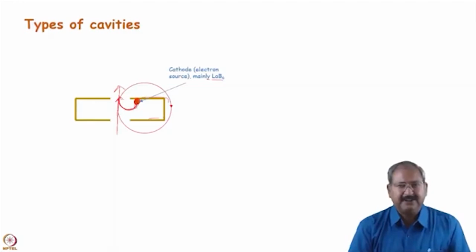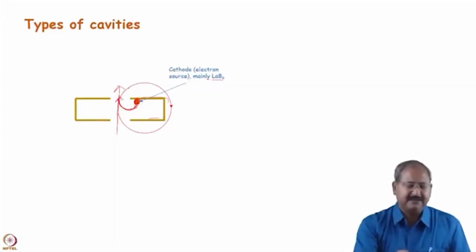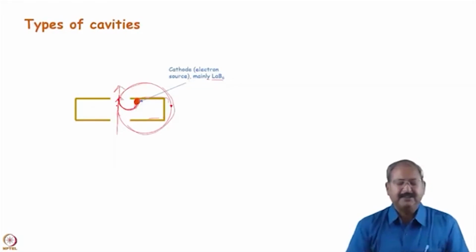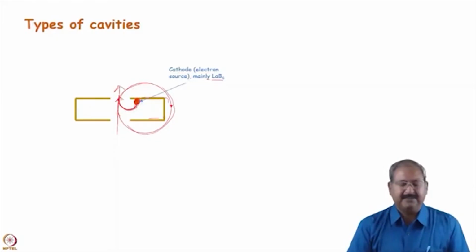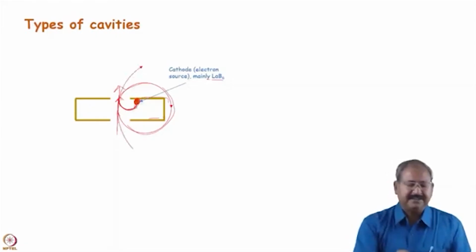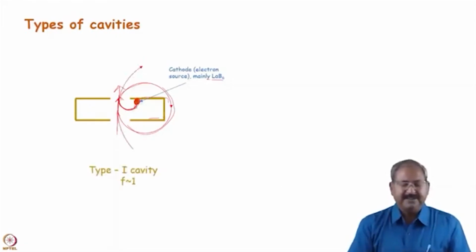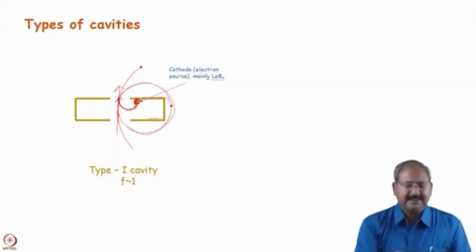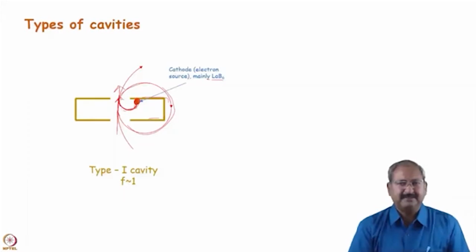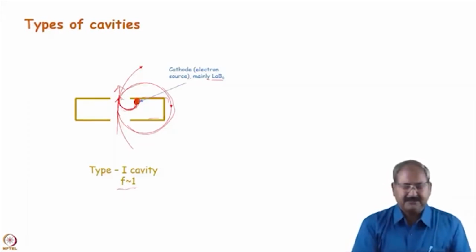That's why F delta E was used in that expression for the energy in the first turn. Now this is the first turn. So before arriving at the first turn, the particle already has some energy from the RF cavity, and these are the subsequent turns. This type of cavity is known as a type 1 cavity, and you can easily see that before the first turn, the particle has arrived at almost the same energy as the first turn. So F is almost 1.